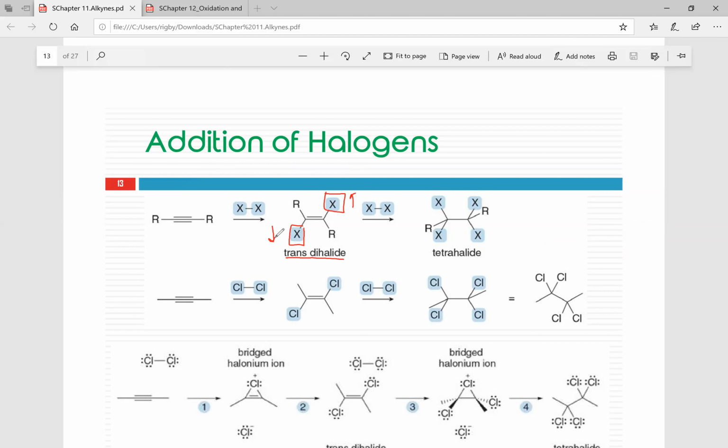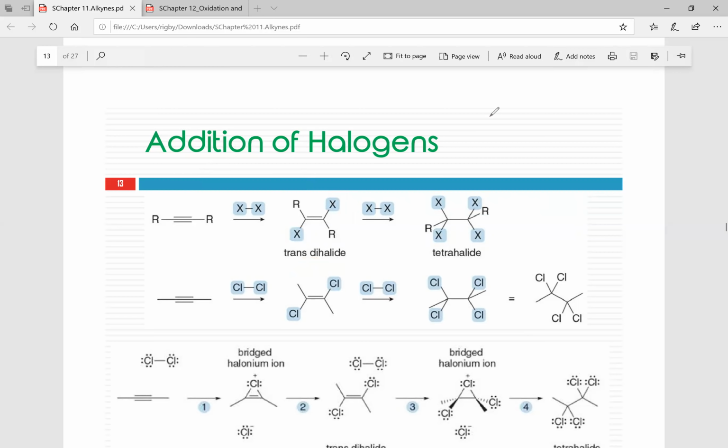Okay, and again, the reason we can say it's trans is because we're adding the same thing. And when we say cis or trans, at least with double bonds, we're talking about the same thing on either side of the double bond. So that means that this is always going to be trans no matter what these R groups are, unless the R groups are also a halogen. But that almost never happens, at least not in this case, all right?